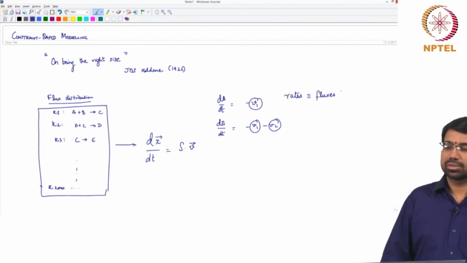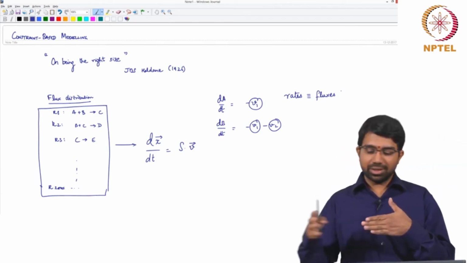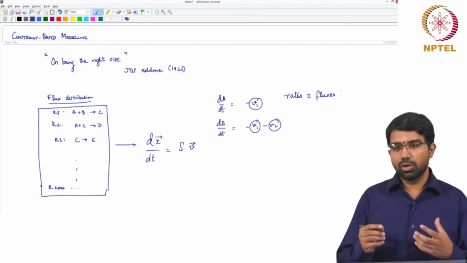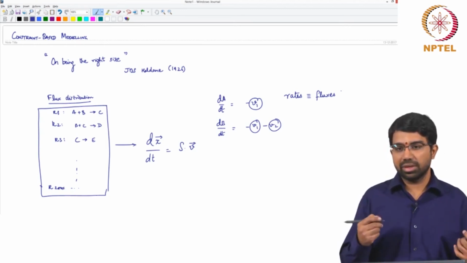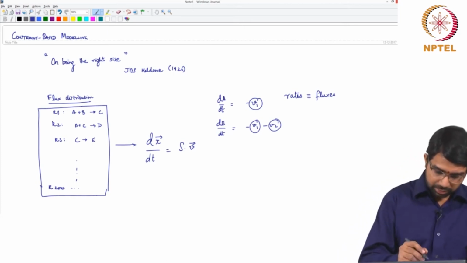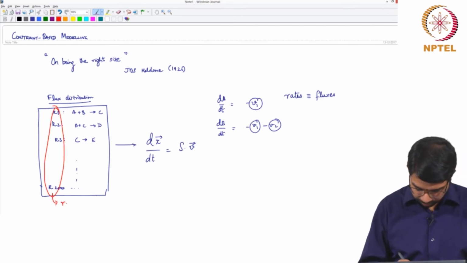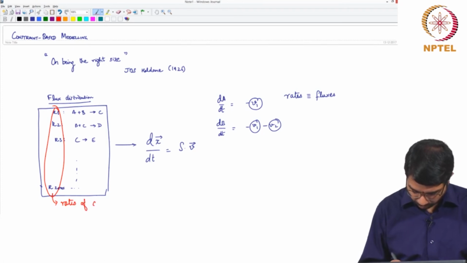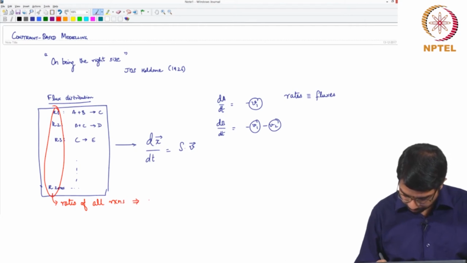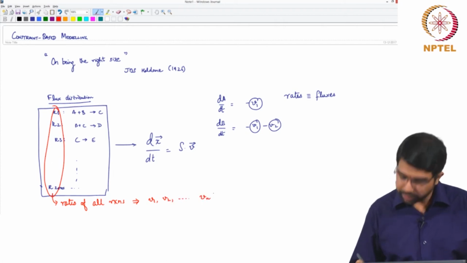What is the flux in general? Chemical engineering? Quantity per unit area. A flow per unit area. Here we just drop the unit area. We just talk about flow or rate of any given chemical reaction. So, given the system, we are tasked with finding rates of all reactions, meaning V1, V2, Vn.